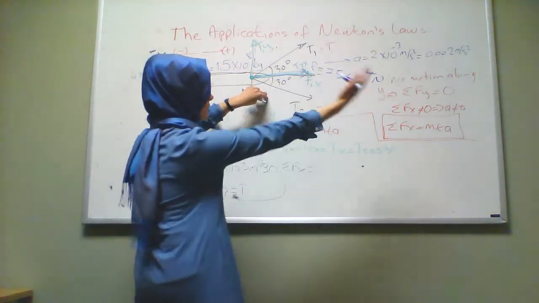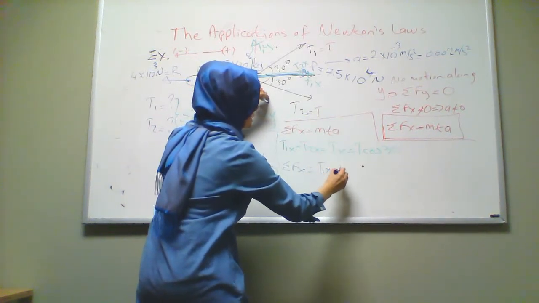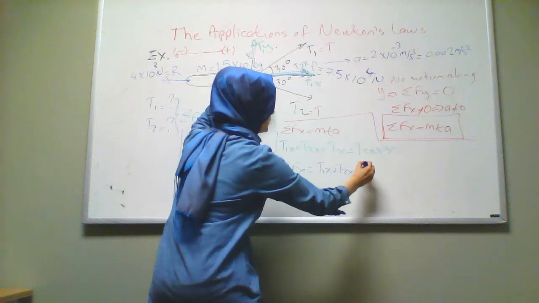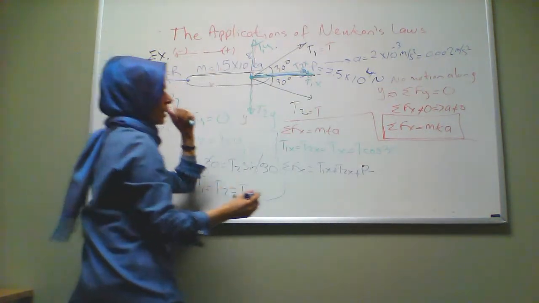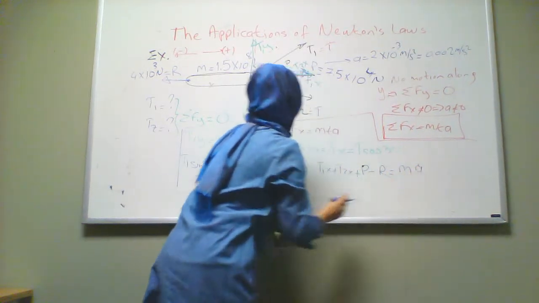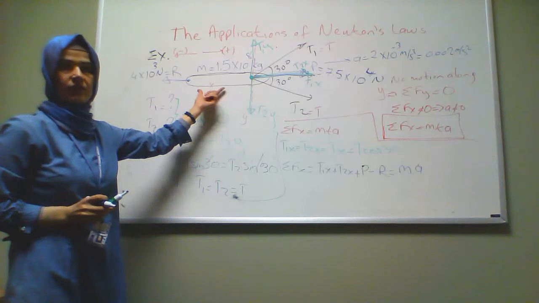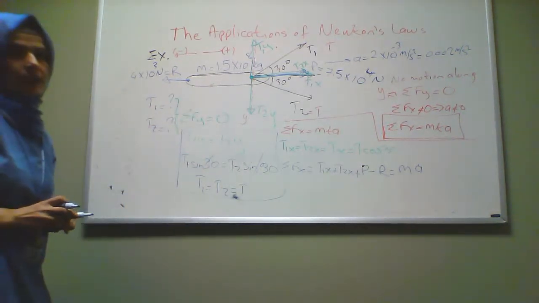The total force to the right, positive forces are T1x plus T2x plus P to the right, minus force to the left only is R. And this is equal to m times a. M total is only m, the mass of this object, supertanker. And this will get me to the answer.